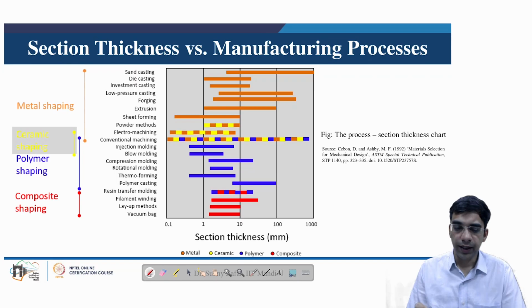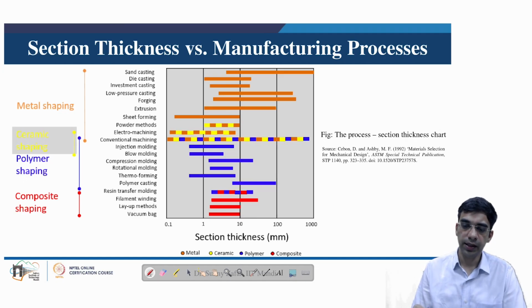Next, we would like to look at how the manufacturing processes are mapped with the section thickness. Section thickness is basically how thick components are produced using various processes. Again, we take the example of the sand casting process, which can produce very heavy components.